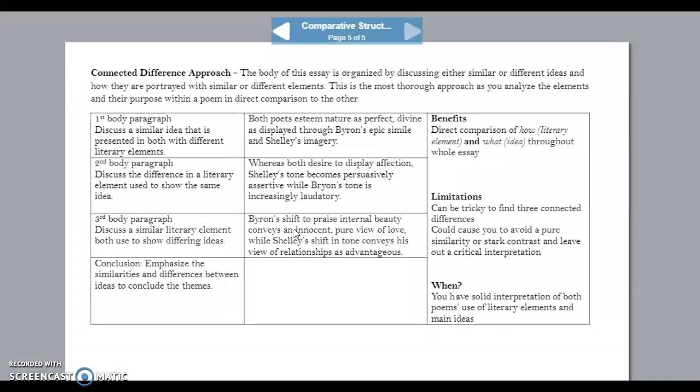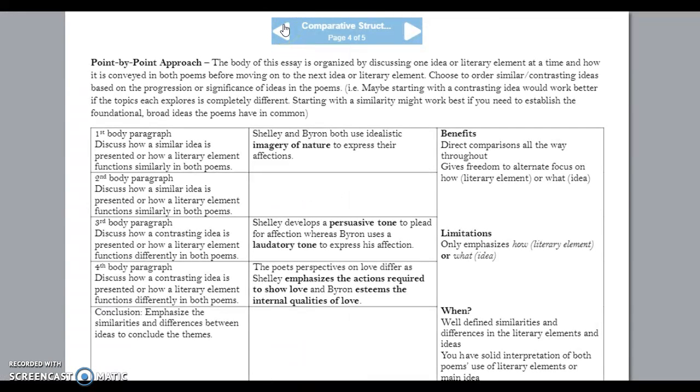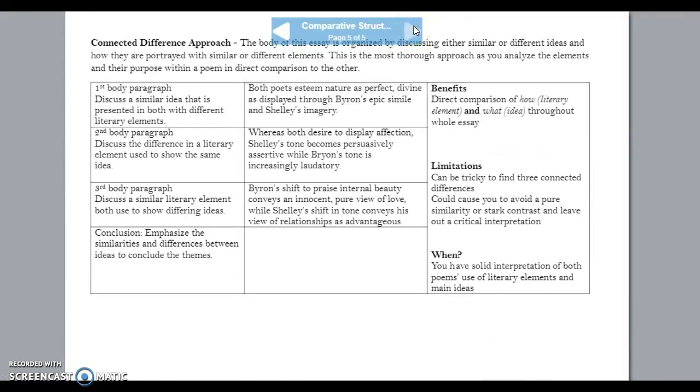So this one is more sophisticated and probably difficult to get to, but I would encourage you to try to do this, or you could even do a hybrid of the connected difference approach and the point by point approach if you want to explore one pure similarity like this and then go into what are some of the connected differences. So you have a lot of options for how you want to structure your essay, and I would encourage you use the one that fits best with your interpretations of the poems and what you're able to pull out.